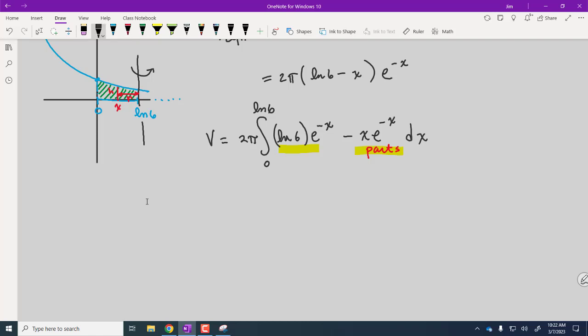So this is going to be 2 pi multiplied by a bunch of stuff. This we can integrate instantly. So we have natural log of 6. The integral of e to the minus x is itself multiplied by minus 1. So I'll put a minus right out there in front. That's going to be evaluated on this interval from 0 to natural log of 6.